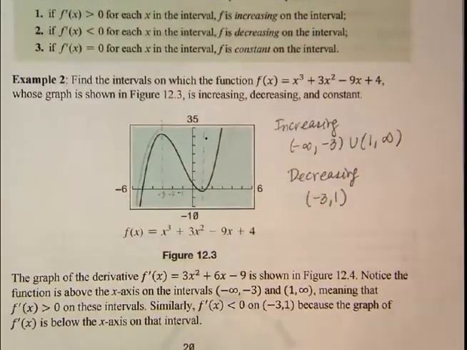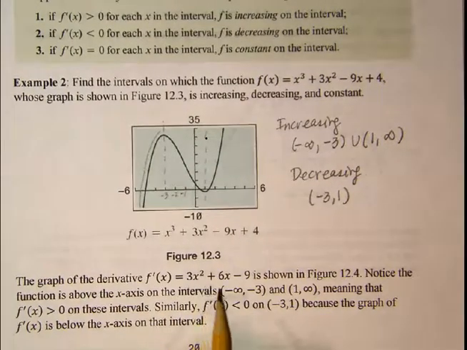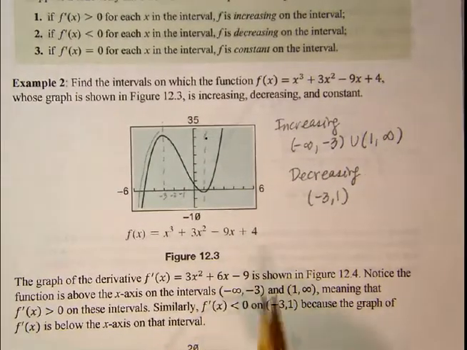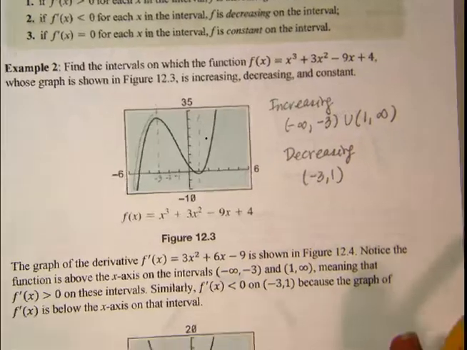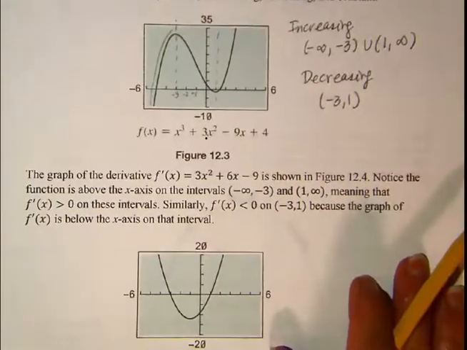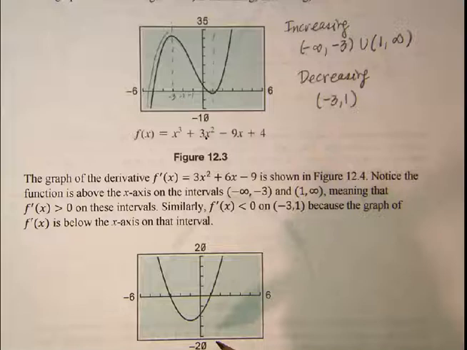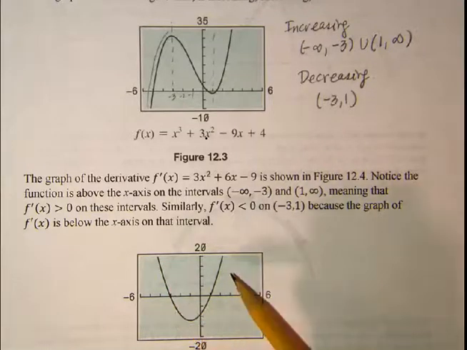Now, if you remember what we talked about with the derivative, if you find the derivative of that function, it gives us this function right here, 3x squared plus 6x minus 9. And if you look at its graph, notice it's right here. You see it's a parabola.